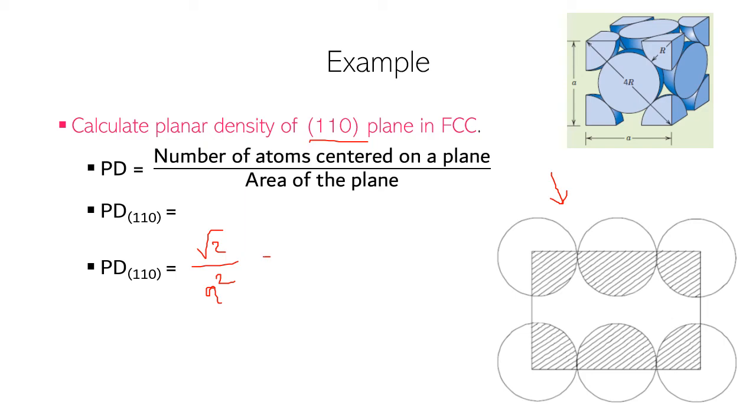So we know that a in terms of R is given as a = 2R root 2, so a squared is (2R root 2) whole squared. So this becomes root 2 upon 8 R squared. Okay. So you should get this as the answer.